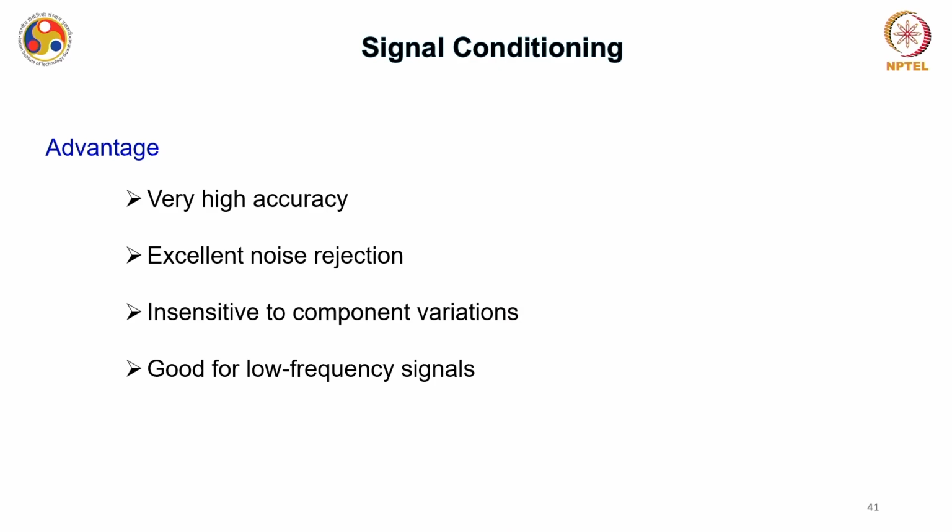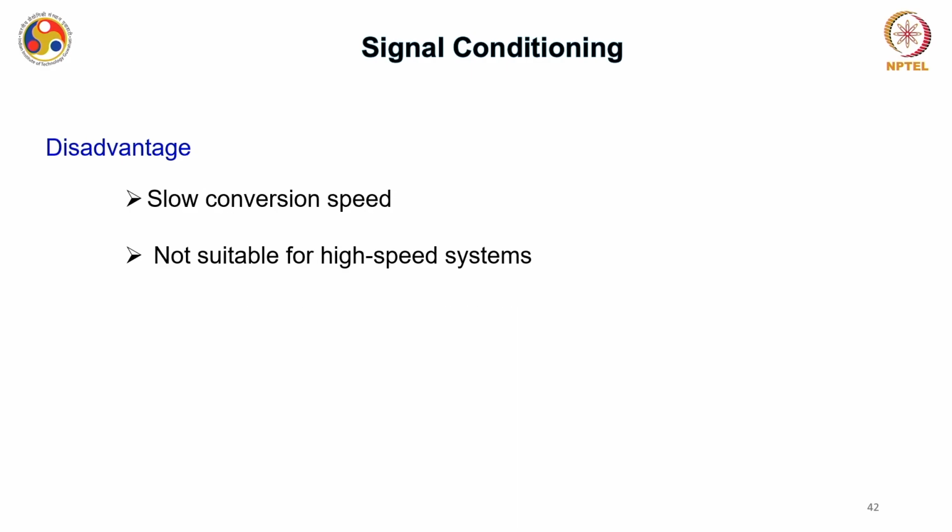These kinds of AD converters are insensitive to component variations, and they are good for low frequency signals. We have seen from the previous discussion that the voltage to frequency AD converters were good for high frequency input signals, but these dual slope based AD converters are also good for low frequency signals.